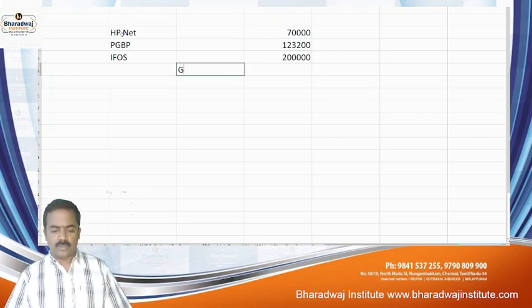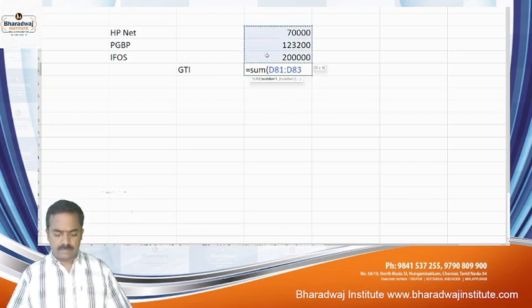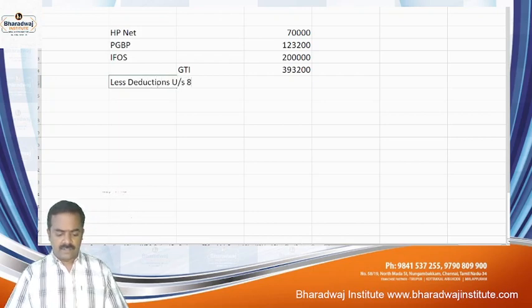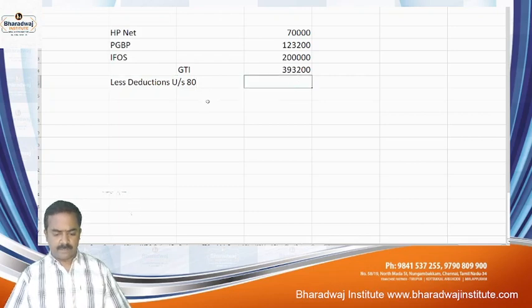So what is the gross total income? Less deductions. Under section 80C or 80, no deductions. So this will give us taxable income.